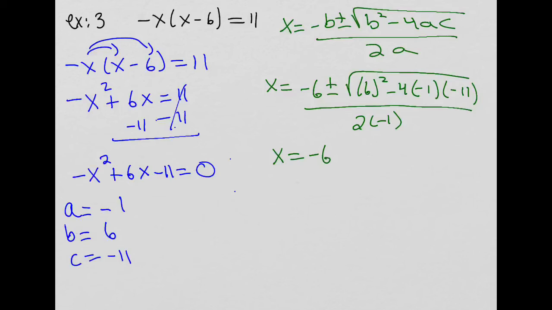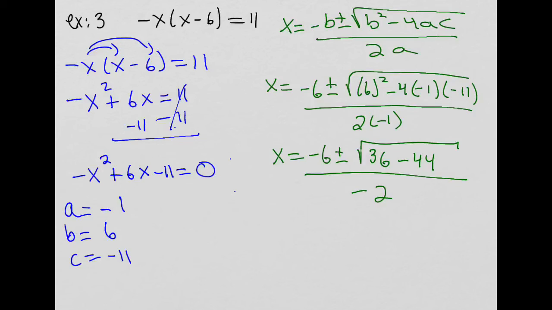X equals negative 6 plus or minus the square root of 36. 6 squared is 36. Then I have negative 4 times negative 1 gives me positive 4, times negative 11 gives me negative 44. Divided by 2 times negative 1 gives me negative 2.